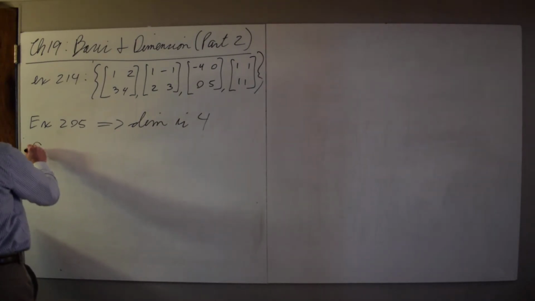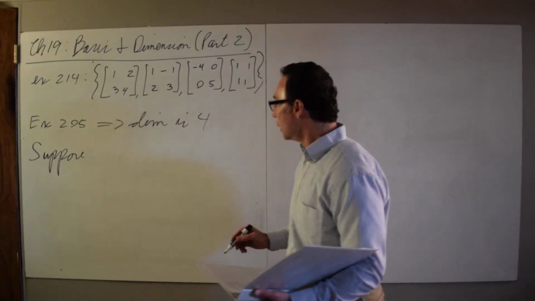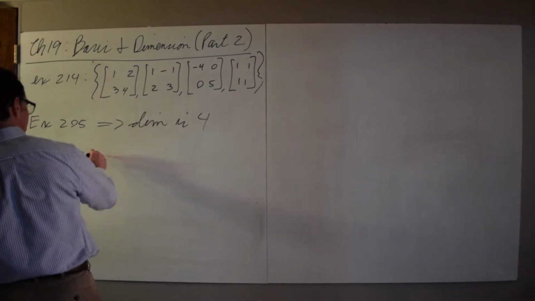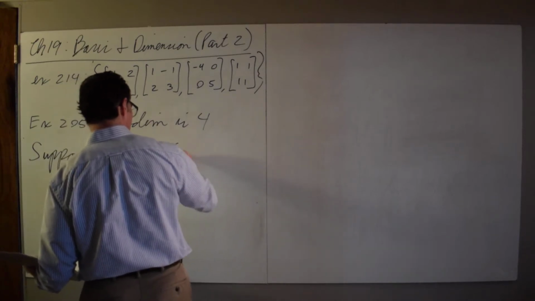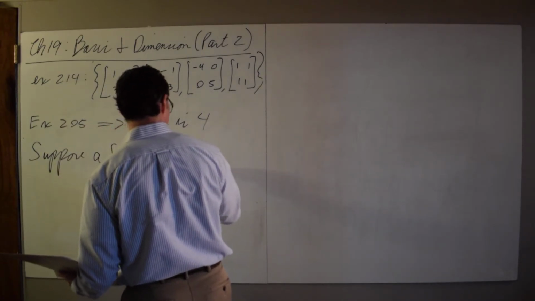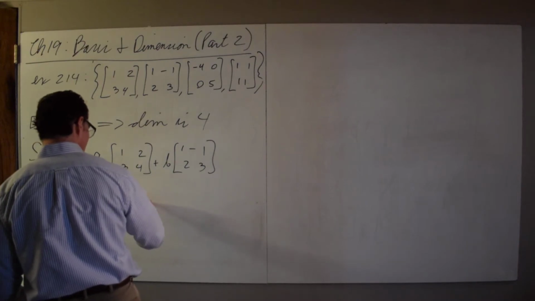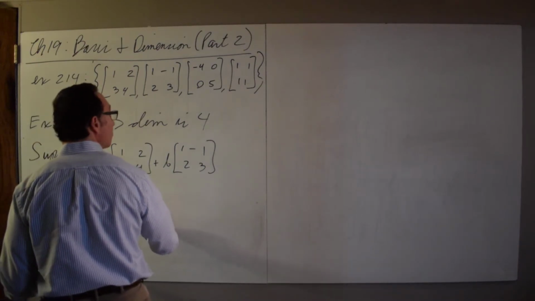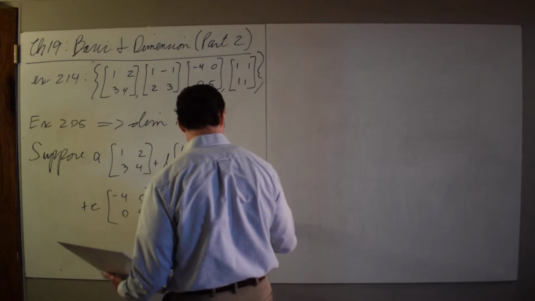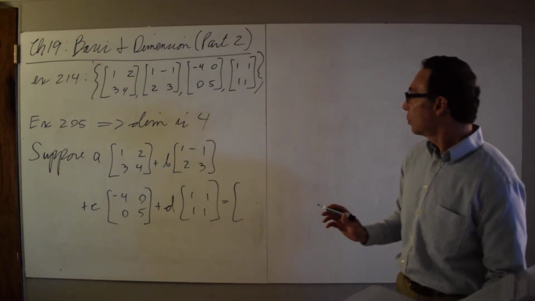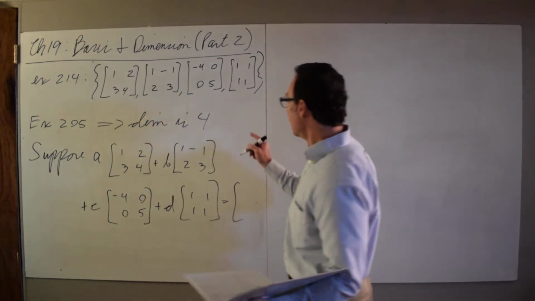Let's suppose that A times the first matrix plus B times the second matrix plus C times the third matrix, plus D times the fourth, is a linear combination of these 4 vectors that forms the 0 vector in this vector space.